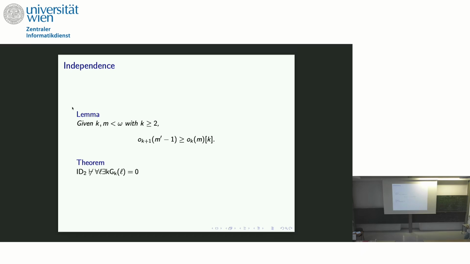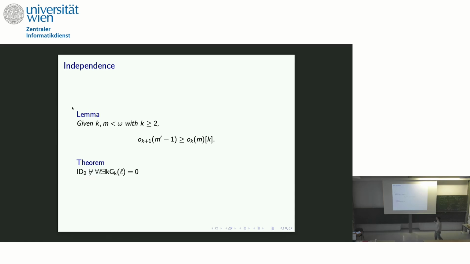This is exactly the same lemma we had for Goodstein in PA. What we said for Goodstein in PA is that my Goodstein sequence needs to decrease slower than the fundamental sequences. So if these are the fundamental sequences that I have for ID2, and I have already defined an ordinal mapping for my Goodstein operation, I need to check that this is the case.